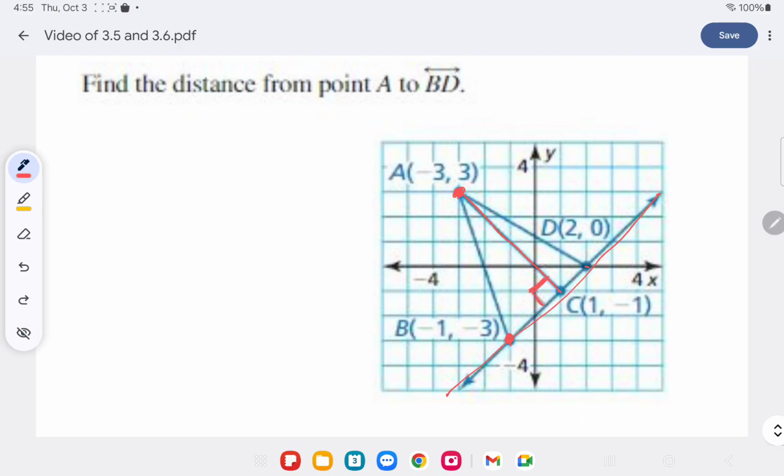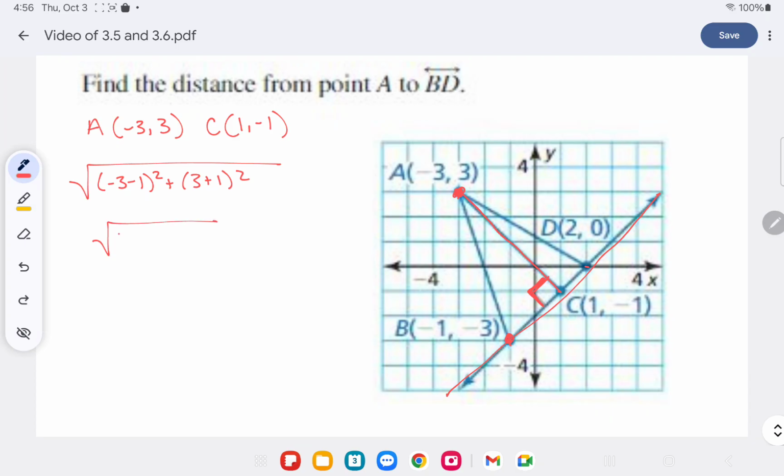We know that because AC is perpendicular to that line. So I'm going to find the distance from A to C to find the distance between A and that line. We'll use the distance formula. And we end up with the square root of 32, or 4 root 2.